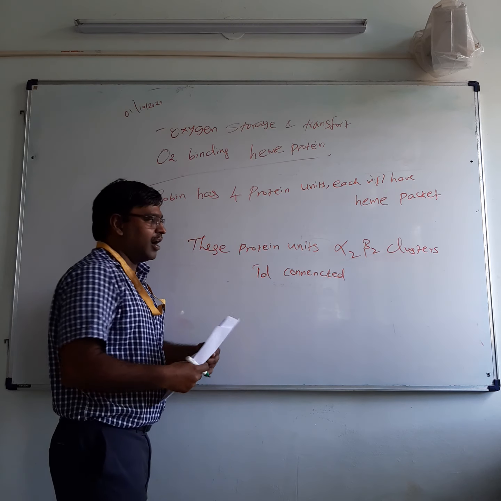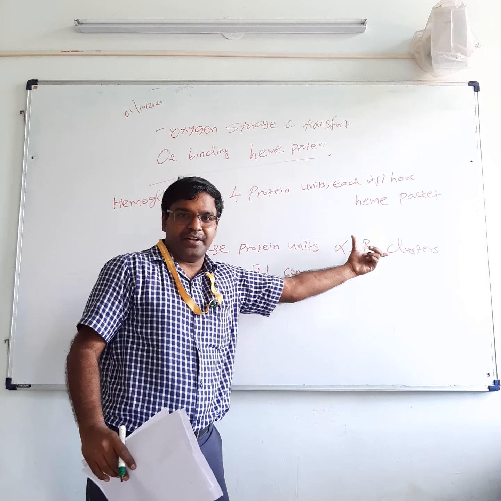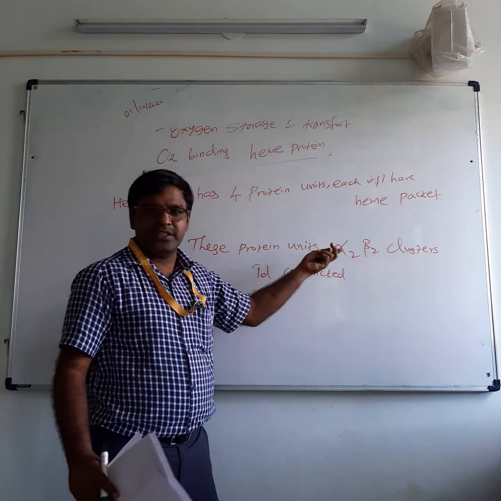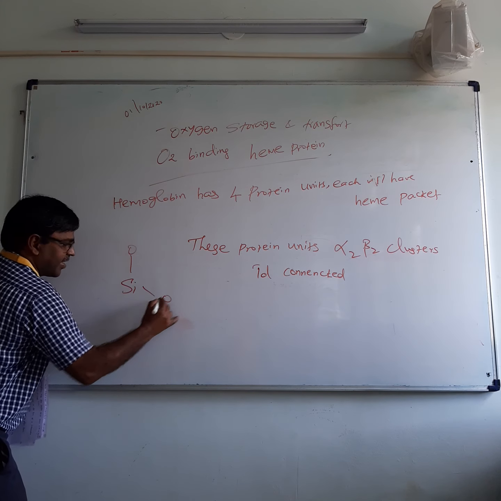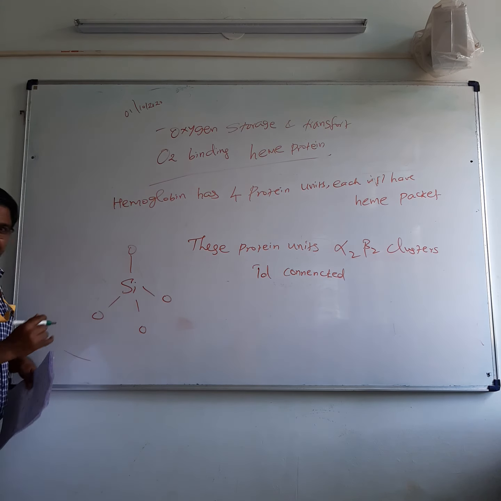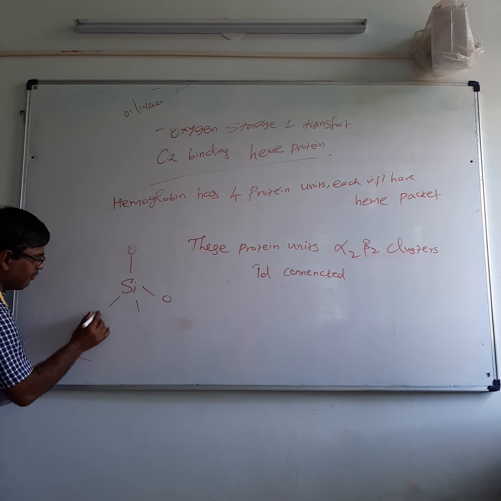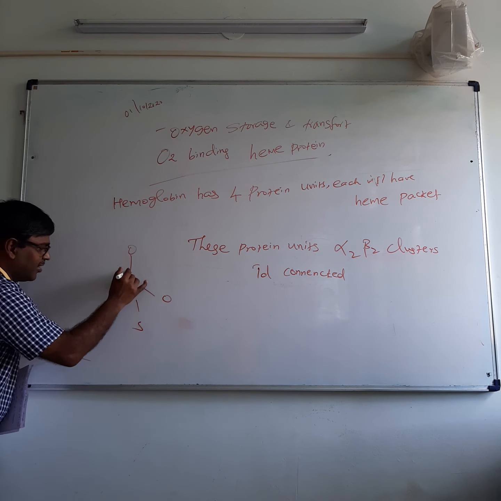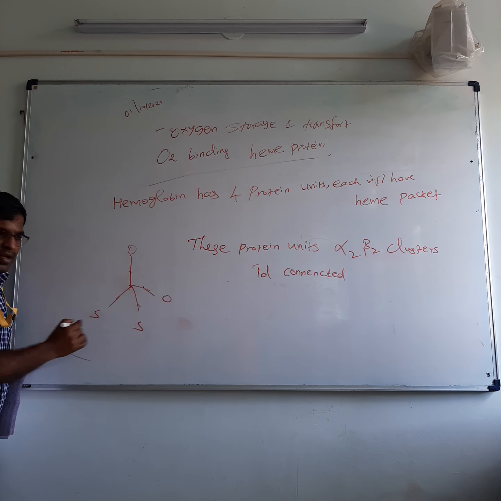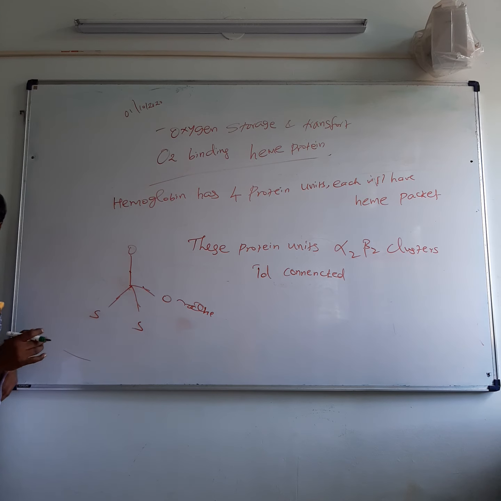It is like when you talk about a silicon tetrahedron, except instead of oxygen you make it sulfur tetrahedra. So this is alpha 2, beta 2, and each will have its heme like this. What is alpha? What is beta? I will tell you later.